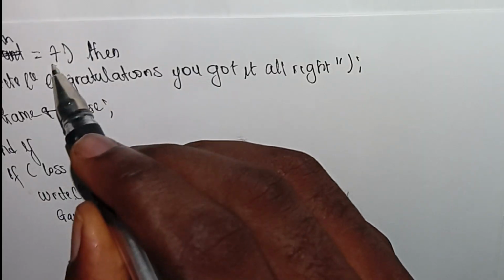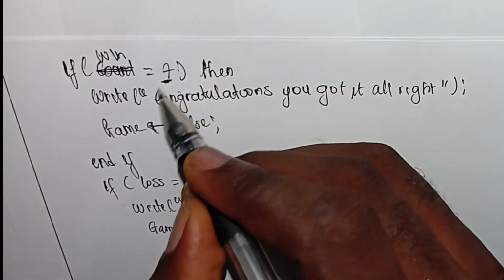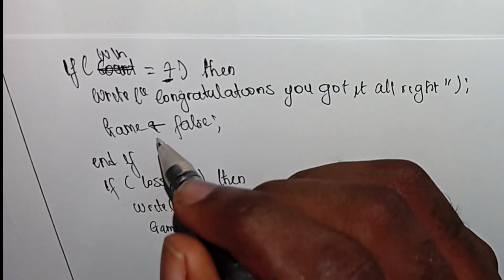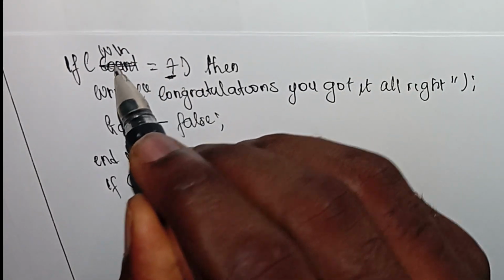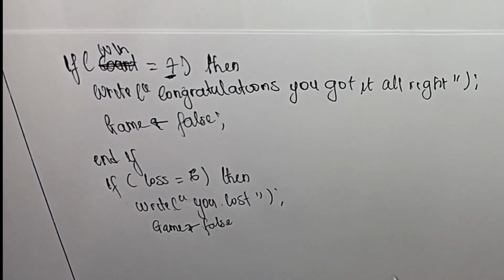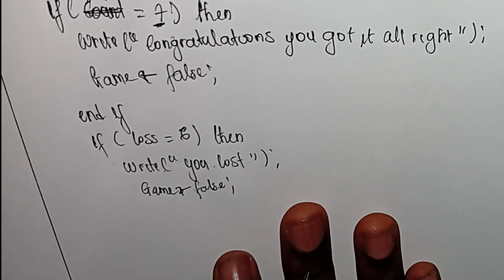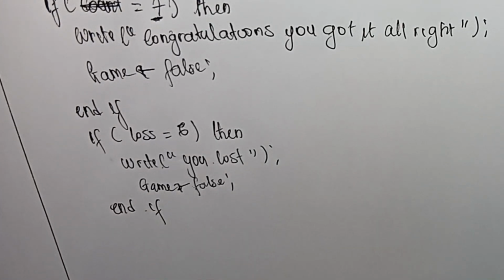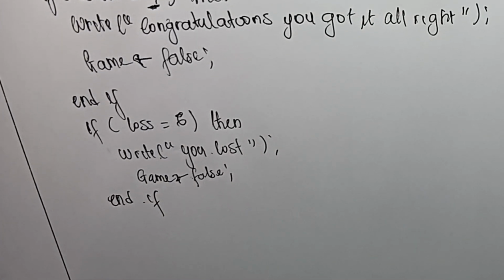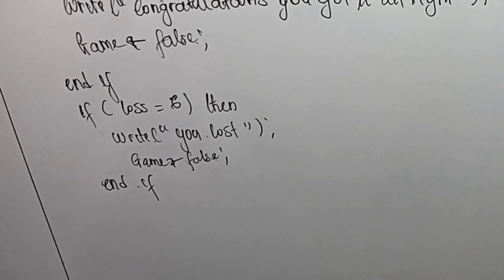Here we are using 7 simply because the size of our array is 7. So if the size of your array was n, you would use n here. And I'm really sorry about this mistake, it's kind of disgusting to look at, I know. And we want to end if, and in essence that's our code. So this is the winning condition, and this is the loss condition.